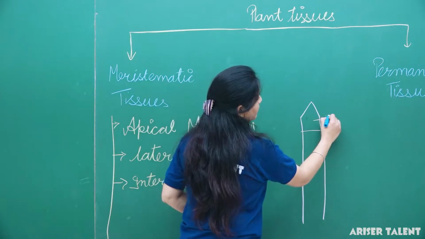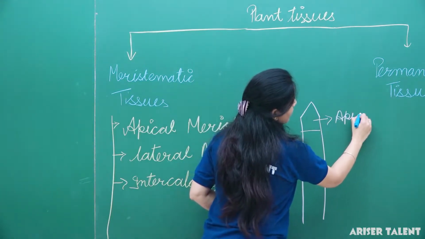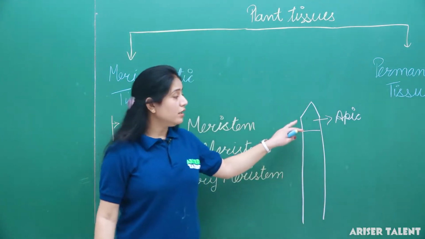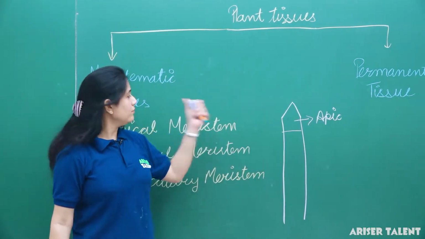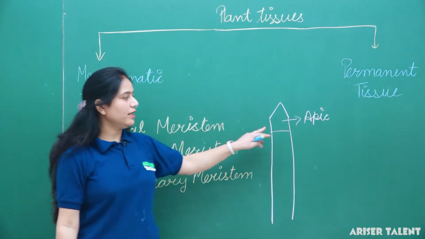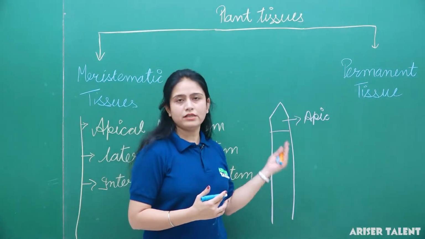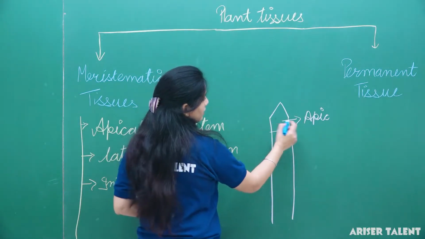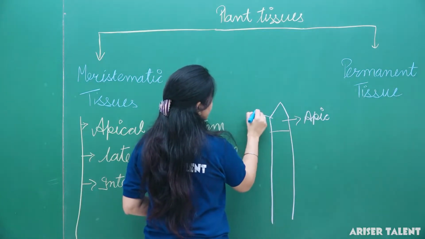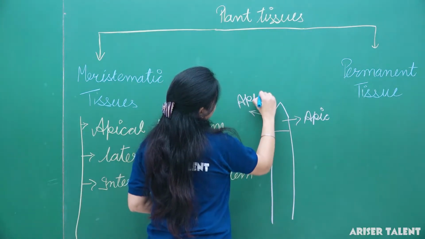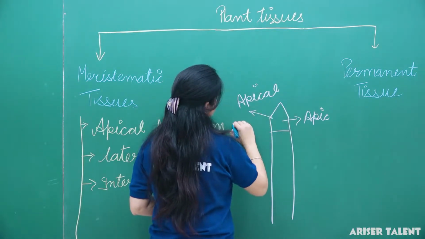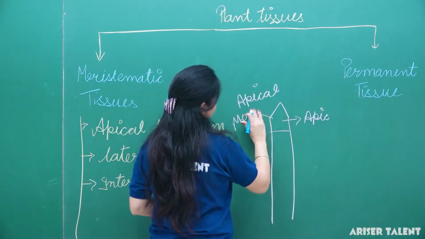This is the apical part. The cells found in the apical part have apical meristem and they divide continuously. They increase the length or height of the plant.